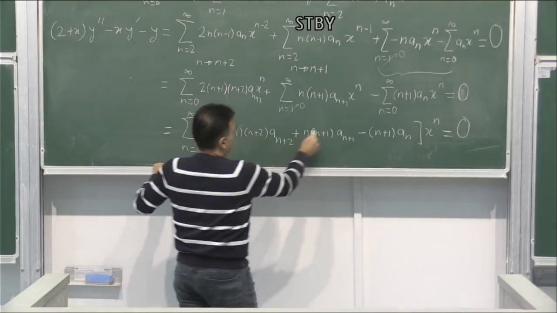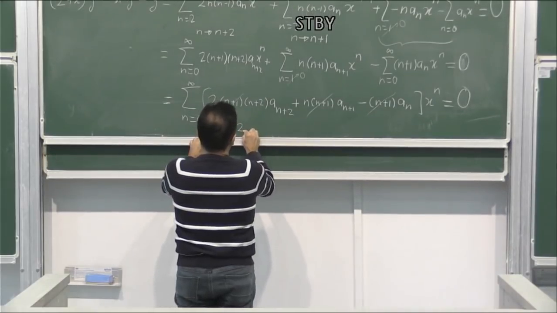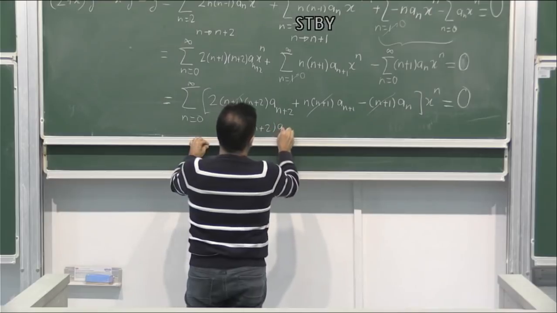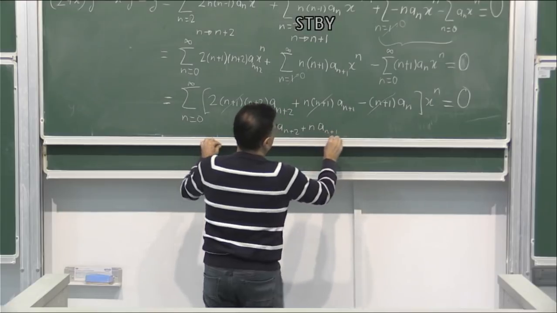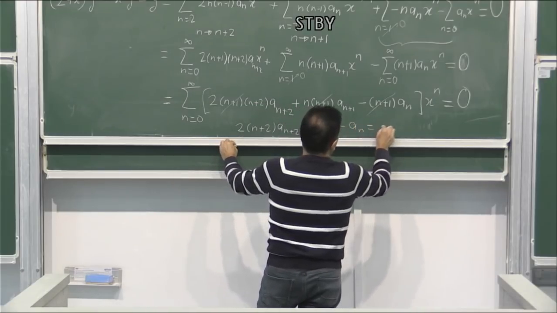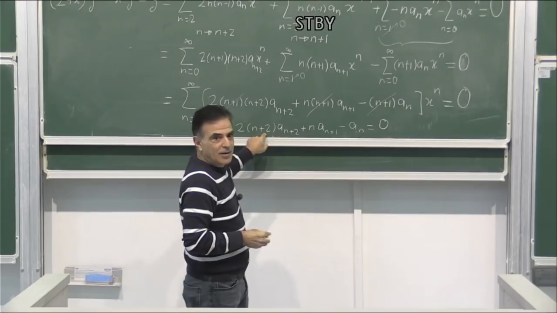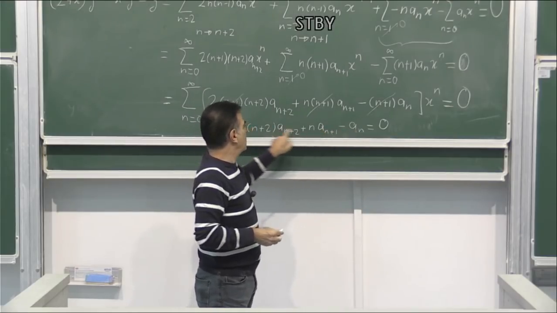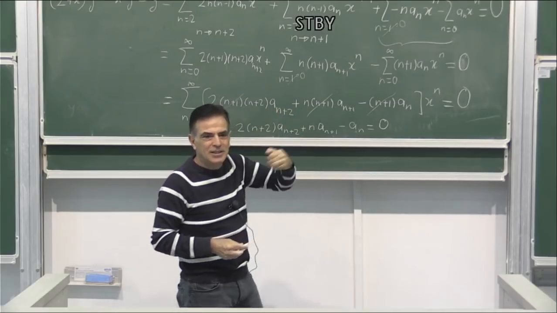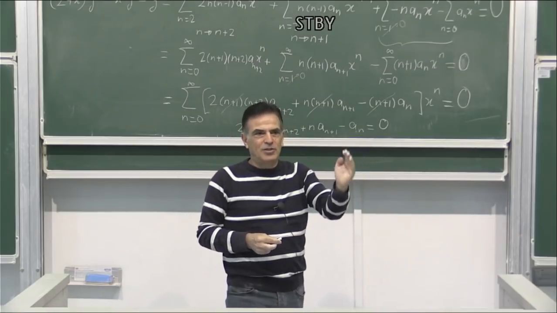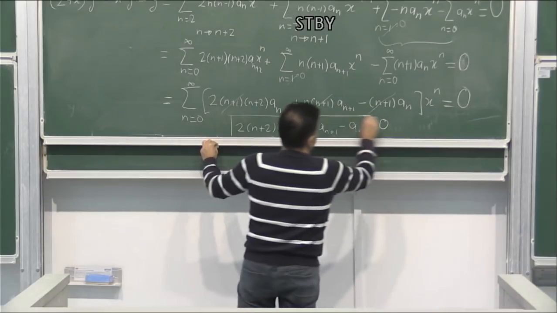So n plus 1, n plus 1, n plus 1 cancel each other out, implying this relation. 2n plus 2 a n plus 2 plus n a n plus 1 minus a n must be 0. So we get a 3-term recursion now, okay, containing a n plus 1, a n plus 2. In the previous examples, remember that the recurrence relation is such that a n plus 2 is written directly in terms of a n. Now, this is the recurrence relation.